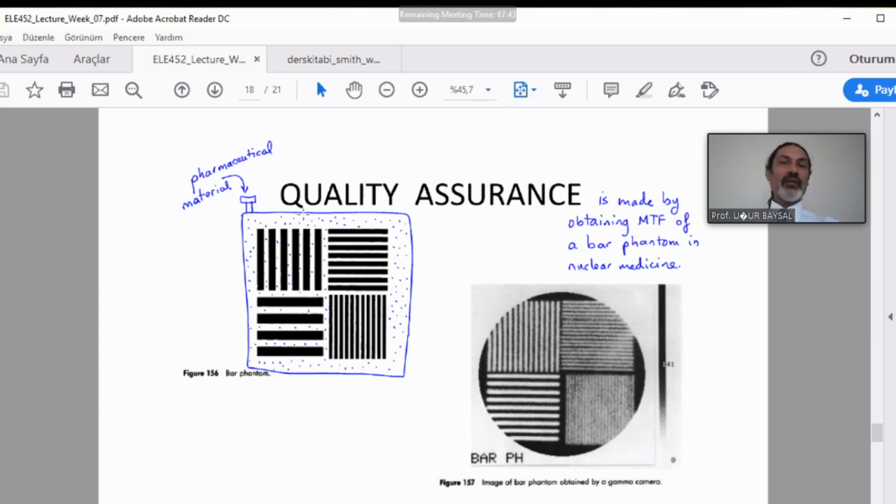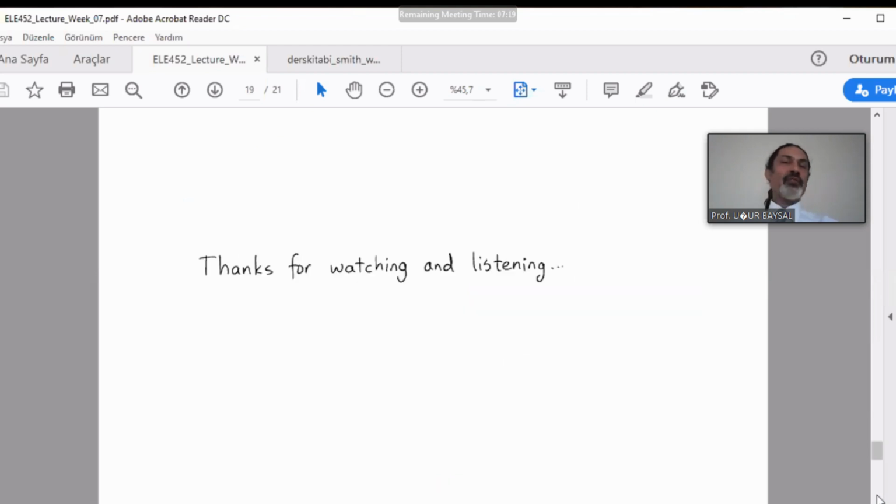Rather, this is a volumetric box full of radioactive liquid, but the black regions are some solid material which that radioactive material cannot penetrate. So these are not active regions, not radioactive, but the rest is radioactive. So their image is like this. And the method of forming the MTF is the same as for your camera. Okay. So that's about it.